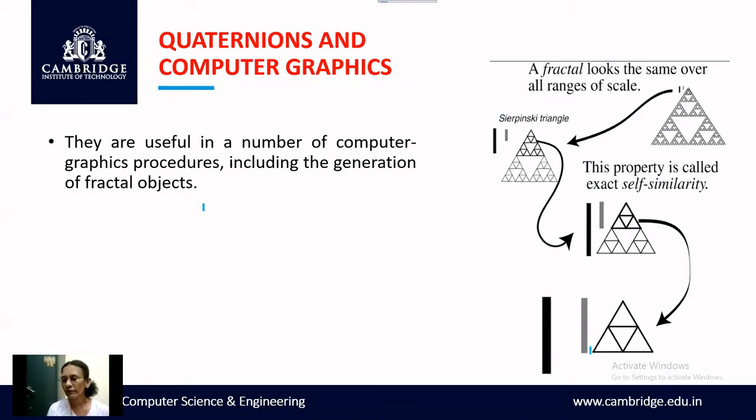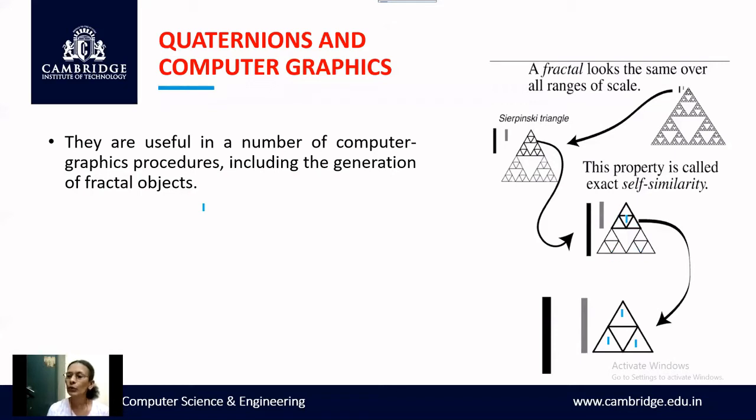You have an equilateral triangle, and you take the midpoints of the three sides and join them, and you get a figure like this. That is, one equilateral triangle gets divided into 4 equilateral triangles. Suppose you repeat the process for each of the outer triangles, then you get this figure.